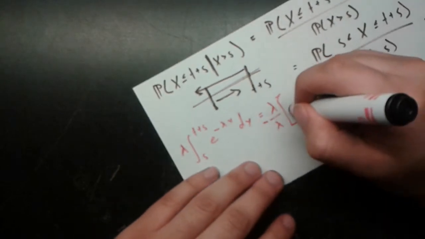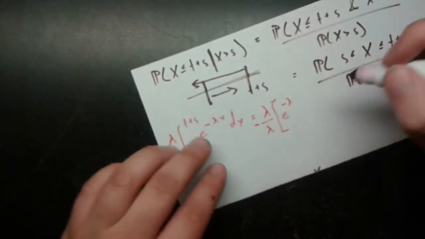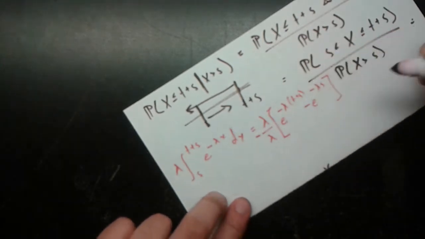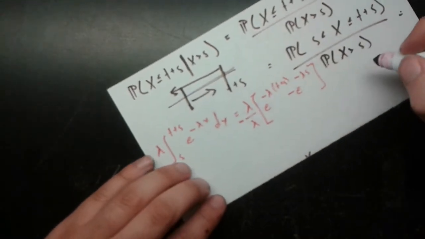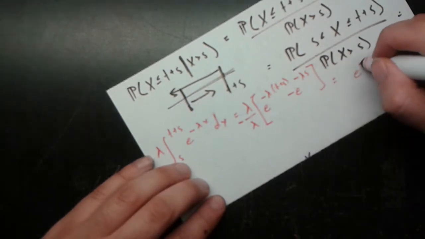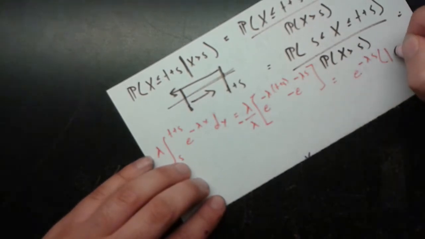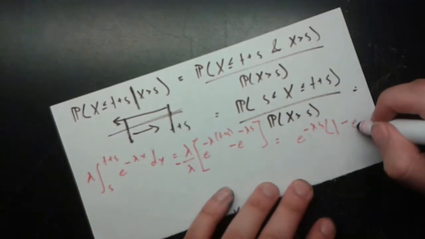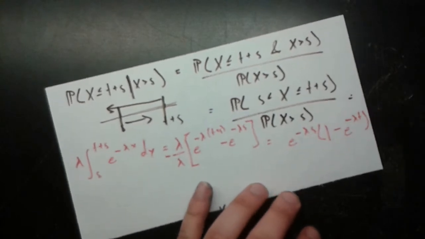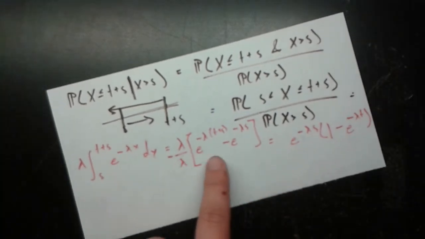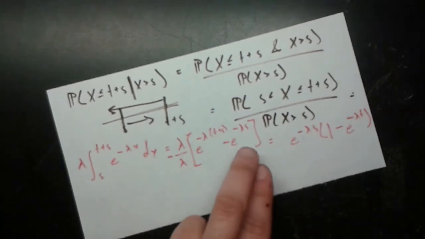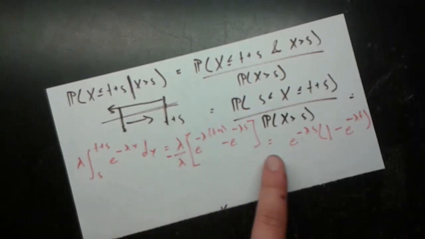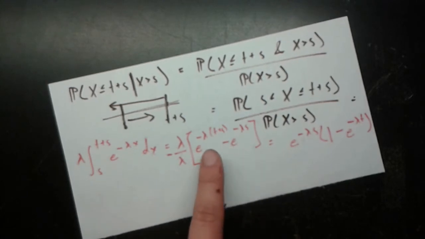And then we have e to the negative lambda times t plus s, minus e to the negative lambda s. That is just going to be e to the negative lambda s times 1 minus e to the negative lambda t. What I did was use the -1 to flip these two, so I did this minus this instead, and then I took out an e to the negative lambda s from both, and what I was left with was 1 here and e to the negative lambda t here.